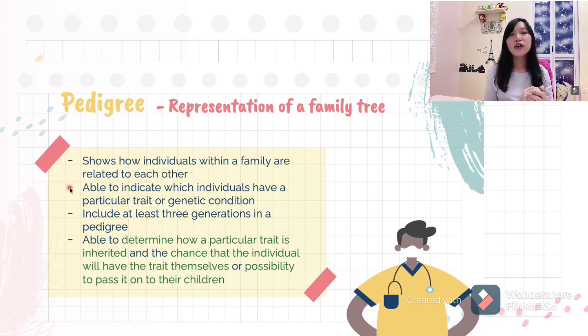To get an accurate prediction, we have to include at least 3 generations in the pedigree. By using the pedigree, we are able to determine how a particular trait is inherited, and we can also predict the chance that an individual will have the trait themselves, or the possibility of that individual passing this disorder to the children.